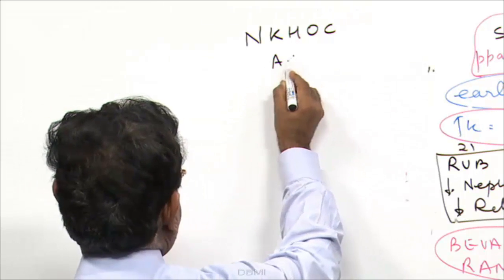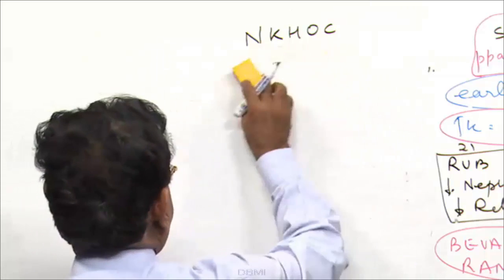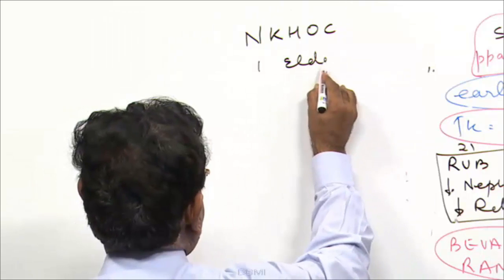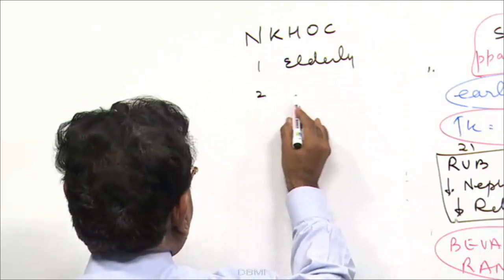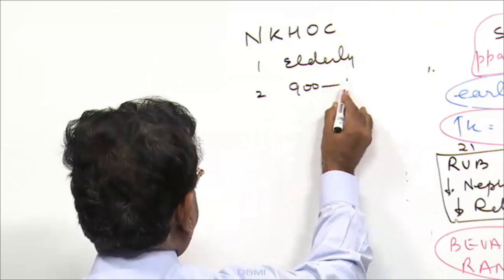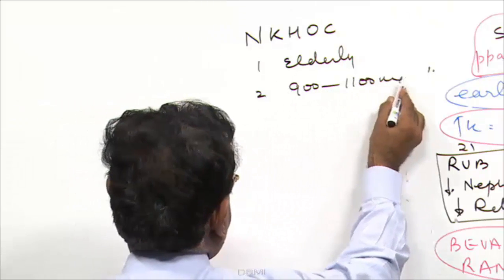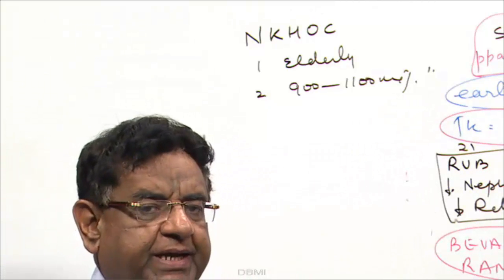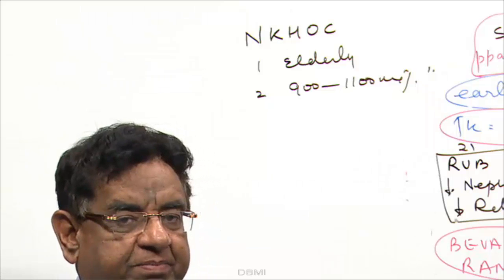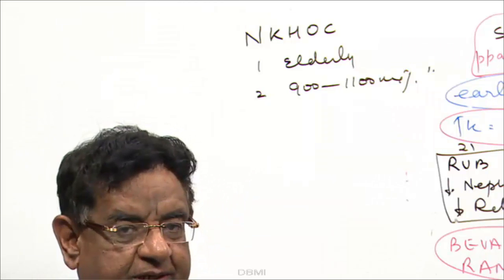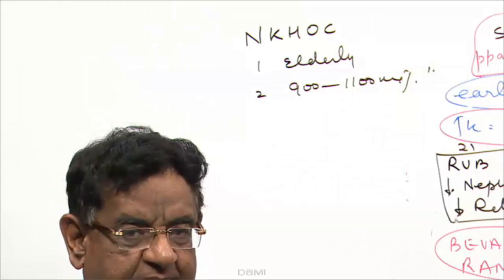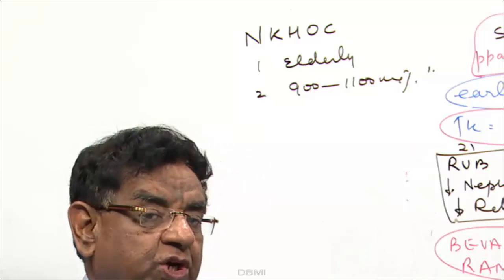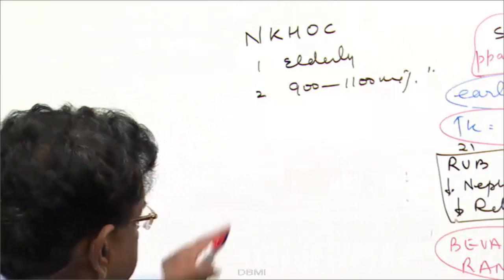Elderly people, to be more precise. Sugar values are in the range of 900 to 1100 milligram per cent. Please note, DKA occurred in children, but this occurs in adults, elderly persons to be more precise. Sugar values are in the range of 900 to 1100. In that case, it was just 400 to 600. Why do they come late?